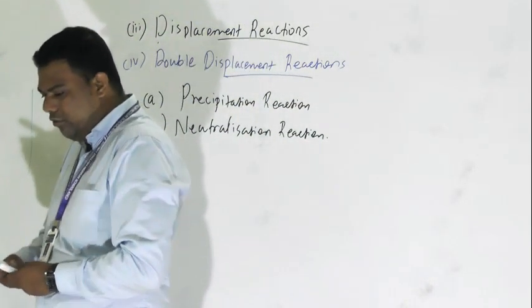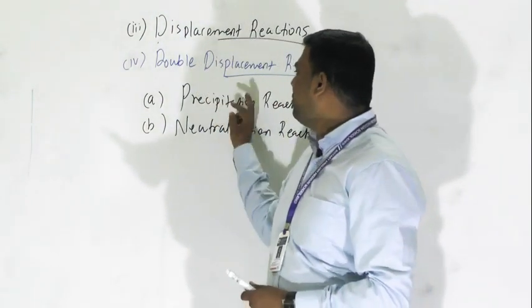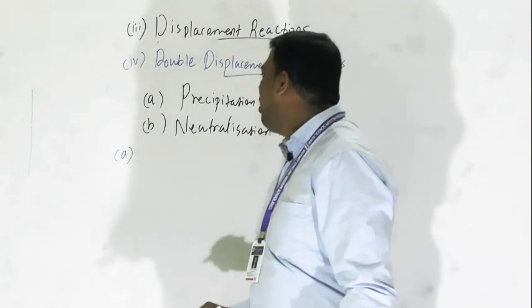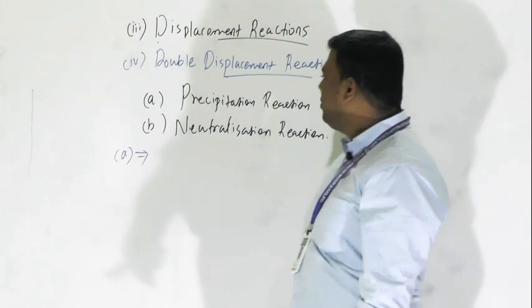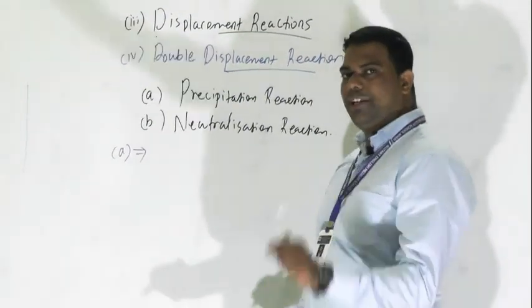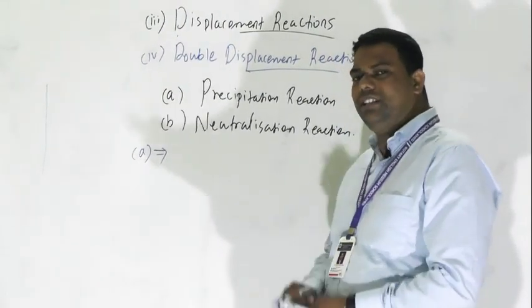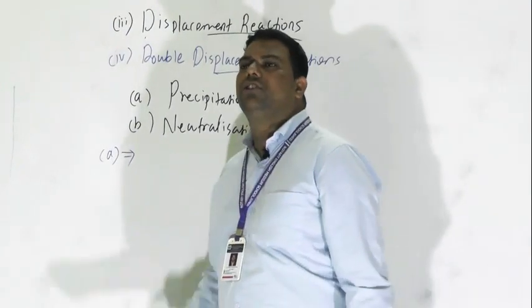So many examples we took. Here in this precipitation reaction, we will discuss small a first, with examples. In this reaction, especially we have to take clear or transparent solutions, and on mixing these, we will get a precipitate of that particular substance.